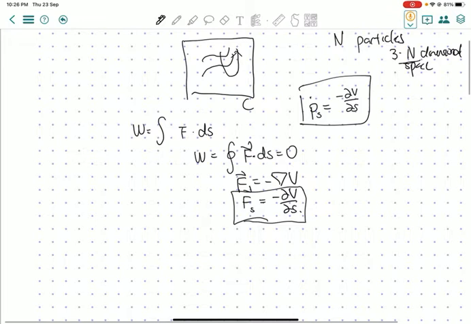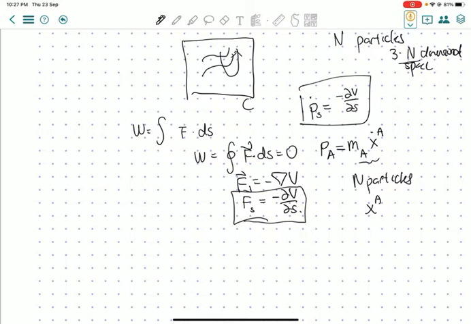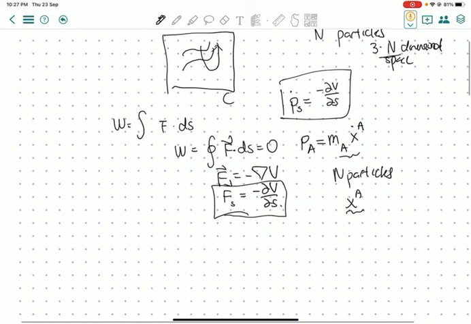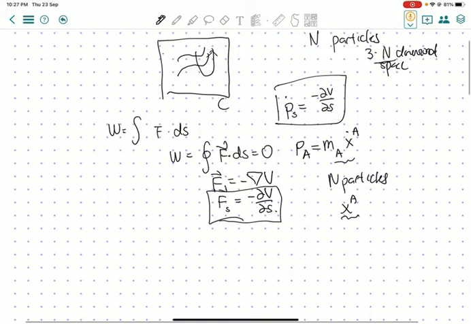So suppose we write p_a equals m_a x dot a, where we write all the coordinates of the n particles as x_a. This is just a shorthand notation for the coordinate vectors of all the particles, the way you do in linear algebra as well.